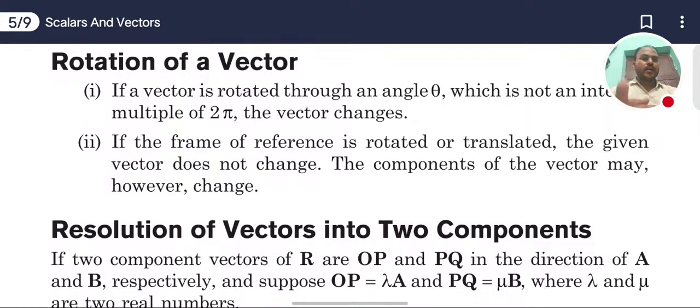But the components of the vector may change. How many components? Two components: one is the sine component, another is the cos component. So the components may change.